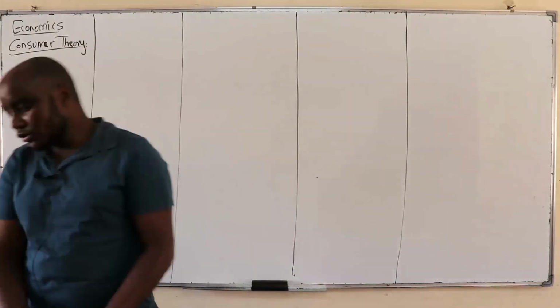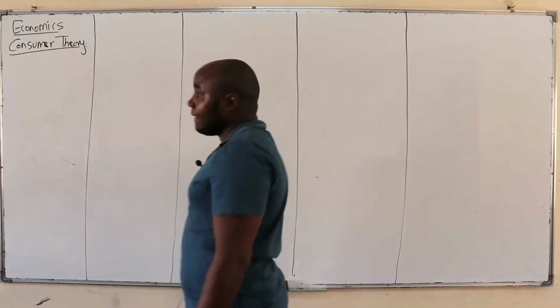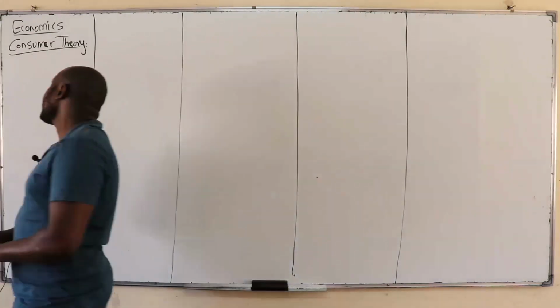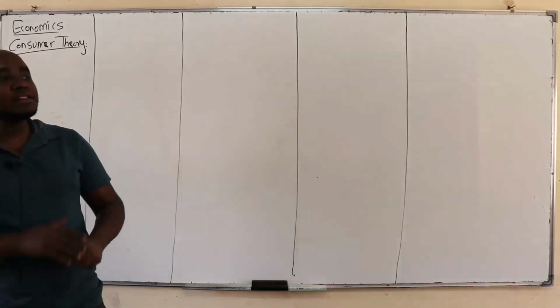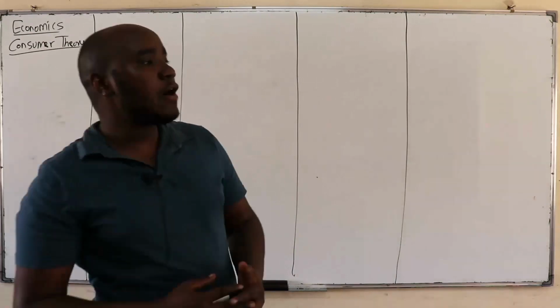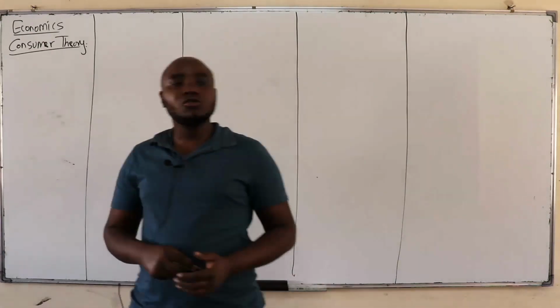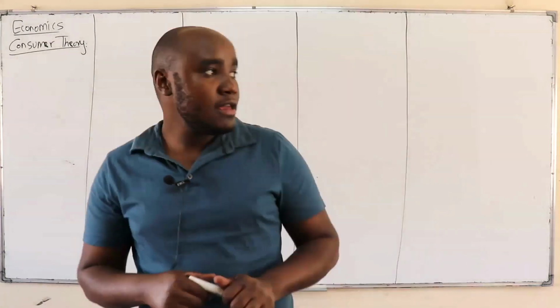We talked about the cardinalist theory. So in today's session, we shall try the next theory that attempts to explain why the consumer behaves the way he does when he has a problem of choice.